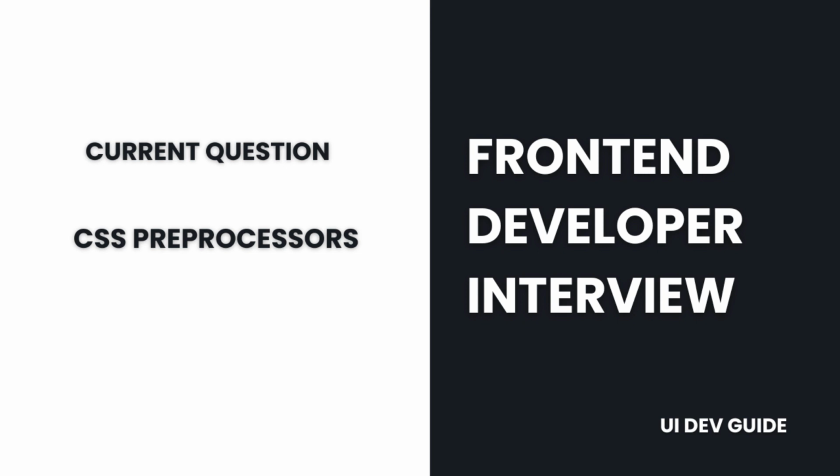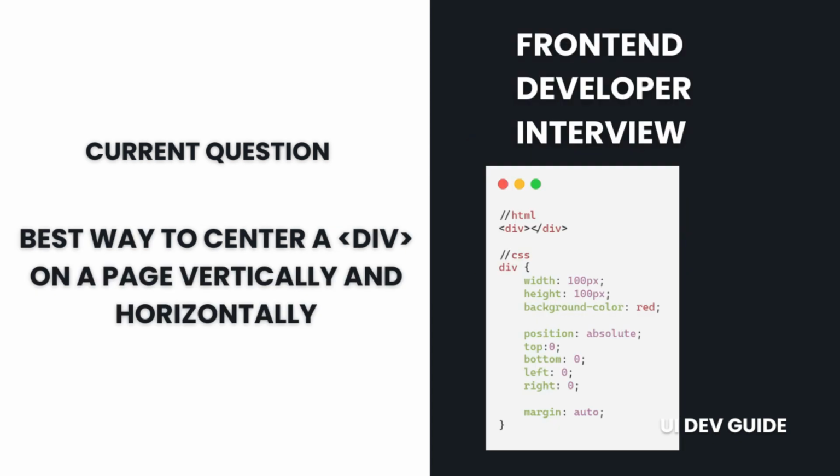You can create variables, and you can create mixins to reuse across. This is one of the functionalities that we have. Any other CSS preprocessors do you know of? Less is one more. Yes. Okay. So can you write a small example to create a div at the center of the page?